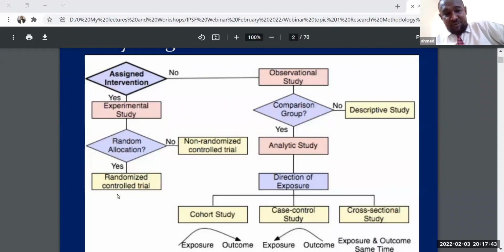Here, the difference is that in a randomized control trial, we have randomization by subject, while in quasi-experimental, randomization is by groups, what are called clusters.